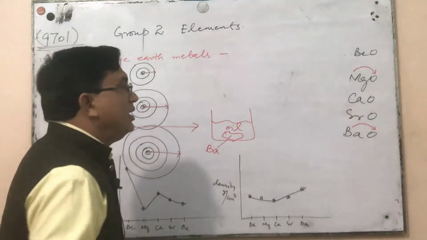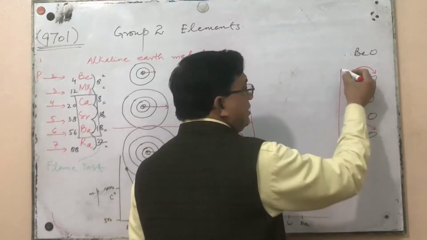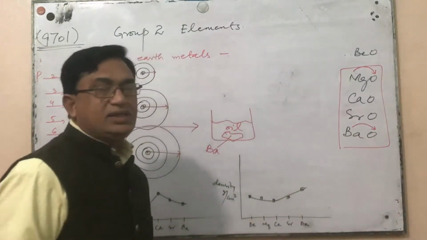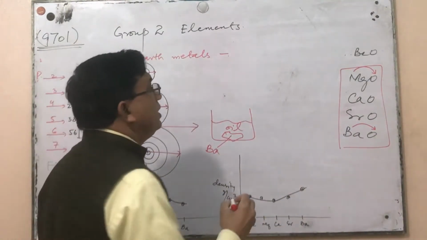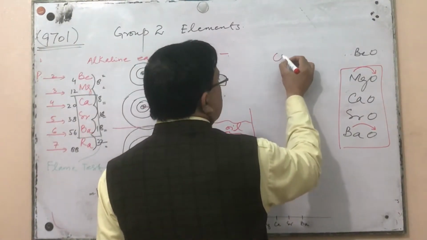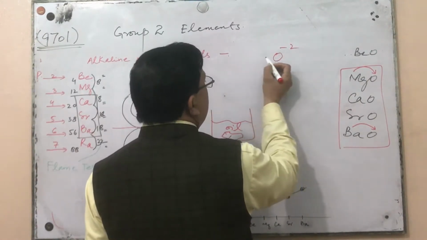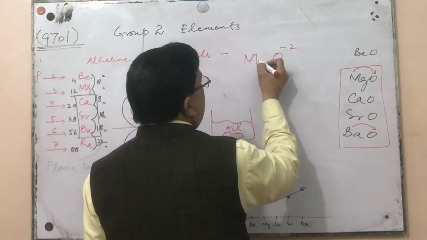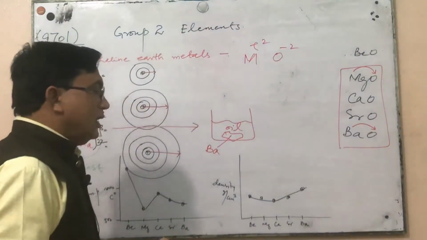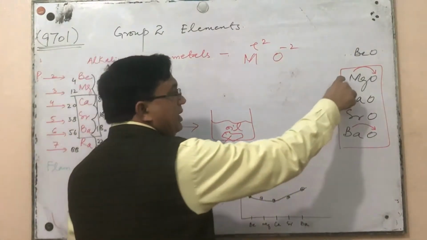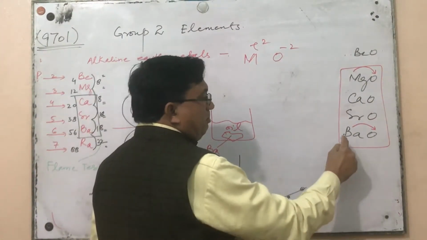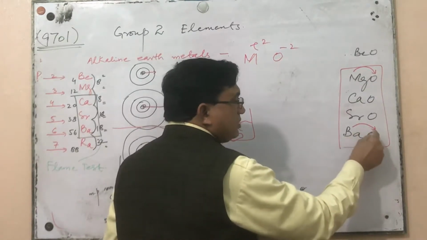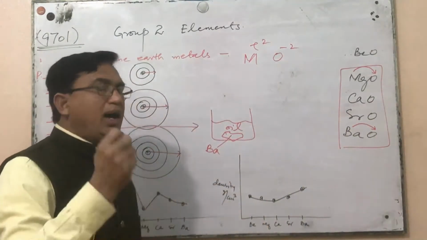All these oxides, whenever they are added into water, produce oxide ion and then metal cation.